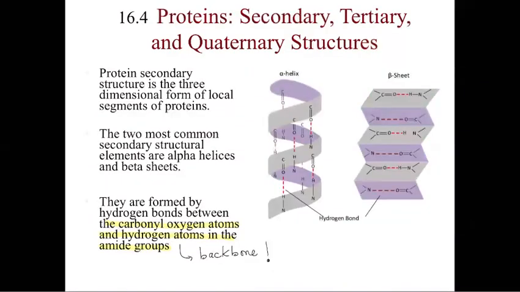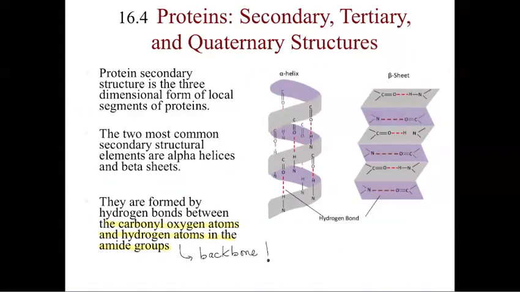It is anywhere between 3 to 4 amino acids down the road. And when that hydrogen bonding event occurs, there are 2 shapes that can be adopted. An alpha helix, which is what you see on the left of the image. And an alpha helix looks like a winding staircase.